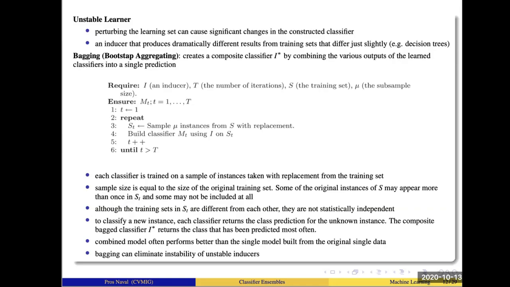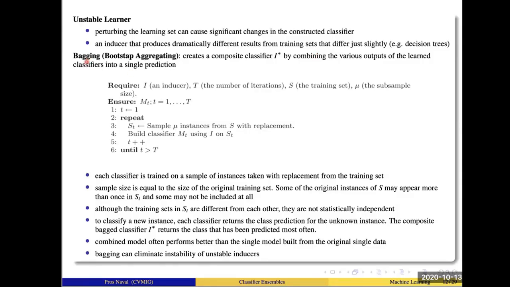Meaning, you change the learning set and the constructed classifier will be totally different. That means you have an inducer that produces dramatically different results from training sets that differ only slightly. An example of that would be decision trees. Again, a decision tree is also a weak learner, but not all weak learners are unstable learners, nor are all unstable learners weak learners. So these are distinct concepts.